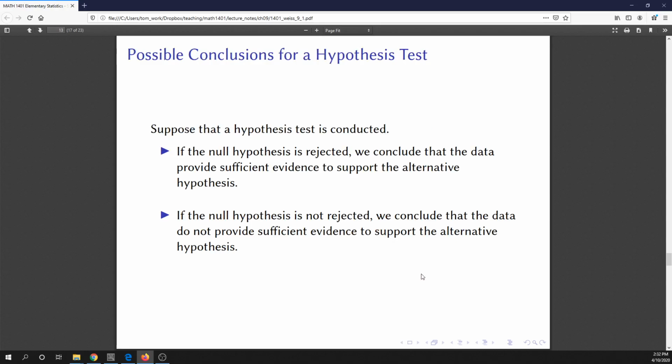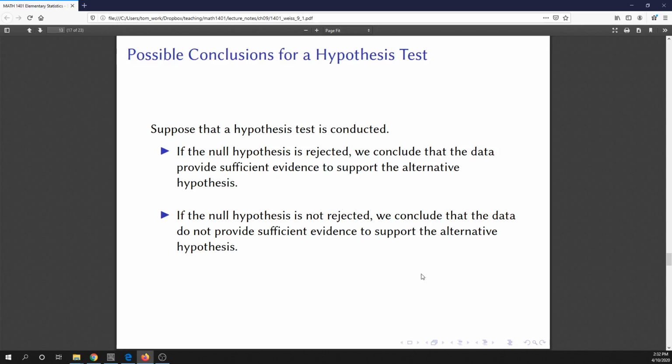Just like in any test like this, we're making decisions based on partial evidence. We don't have the entire population data, we're only taking a sample. So there are errors that can be made in hypothesis testing.